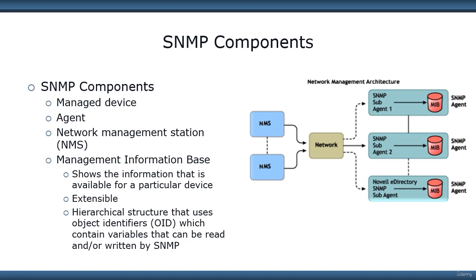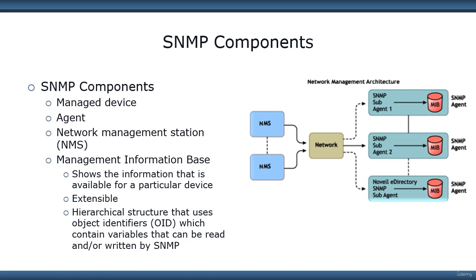The MIB shows information that's available for each individual device. So it's a standard that's been developed with SNMP. As I said, SNMP has been around for 20, 30 years. So it defines, all right, on this type of switch, this is the type of information that's available, and this is the structure that you have to use.